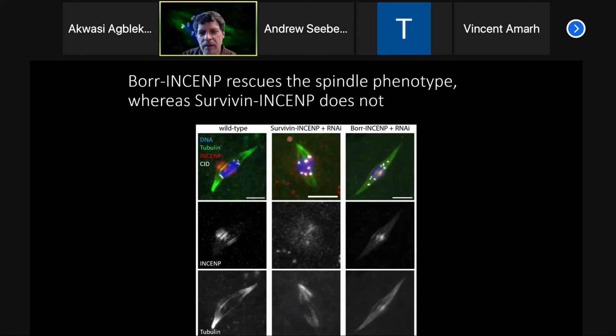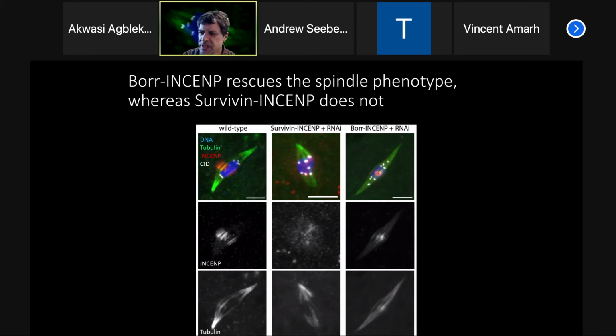So when we fused survivin to INCENP, we got partial spindle assembly, meaning the kinetochore is formed again. But what you can see here is that the INCENP, now fused to survivin, is really sticking to the chromosomes. But borealin, when fused to INCENP, almost got full rescue. You can see it here with a bipolar spindle.